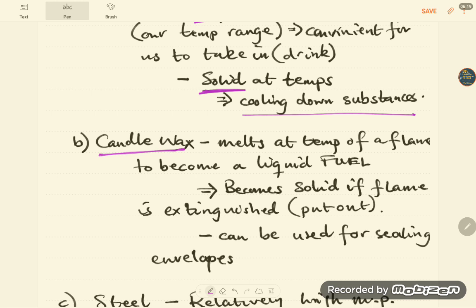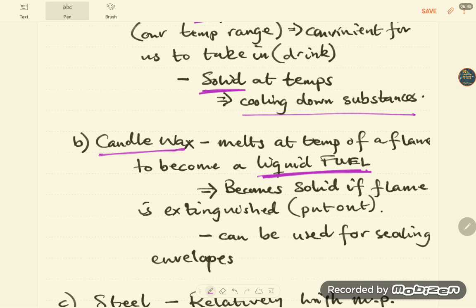In other words, all you need is just a normal flame and the candle will melt. And the good thing about it is that it's a type of fuel, okay? Remember with fuels, we can use them to produce energy. That's why it becomes suitable, because when you have the fuel burning, light is going to be produced, and sometimes even heat can be produced.